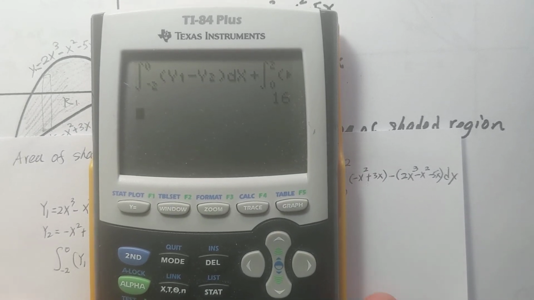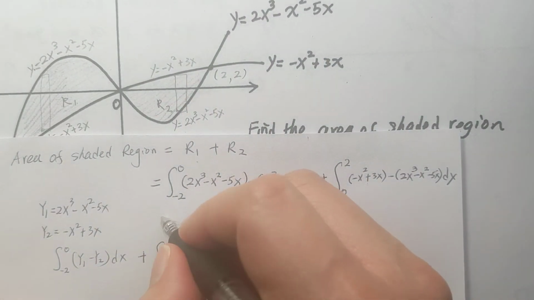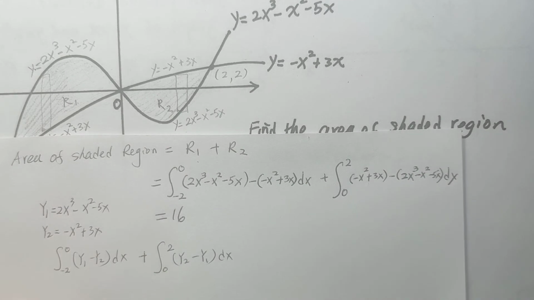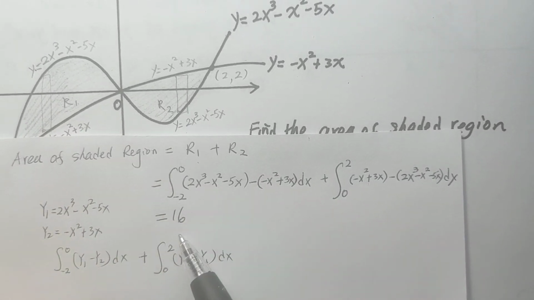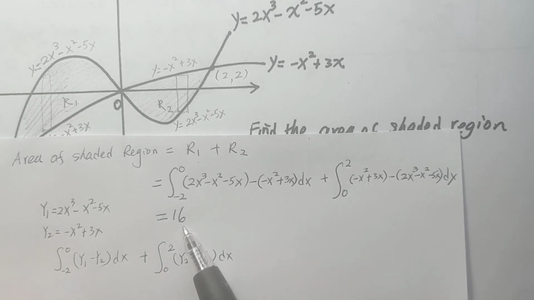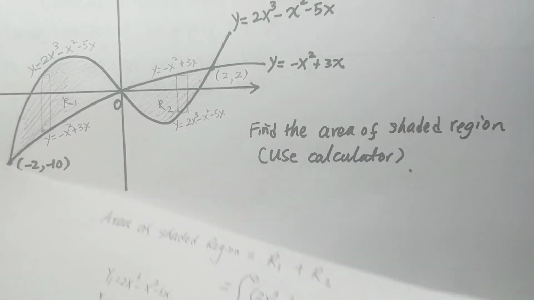So we get 16. Therefore, we say that the area equals 16. So the area for R1 and R2 added together is 16 square units. So we finished question number 1. Let's take a look at question number 2.